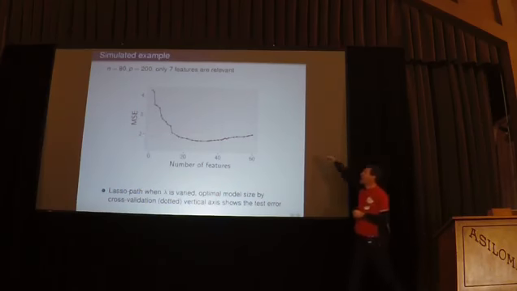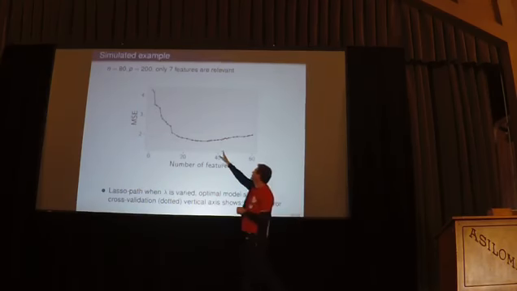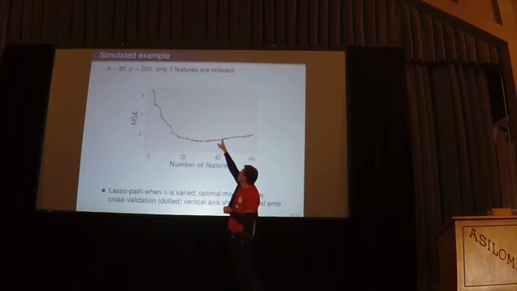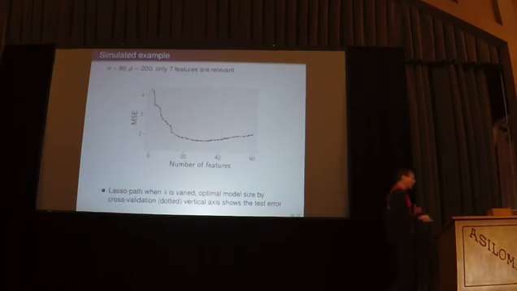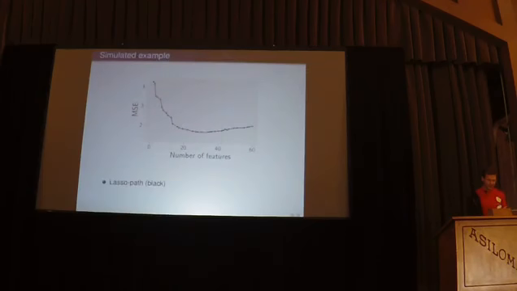This is the lasso path, mean square error, and this would be the cross-validation based selection that the glmnet package would choose. So it would choose more than 40 variables on average. And you can also see how the path goes, slightly lower, but it's not easy with the lasso to find the smaller models.